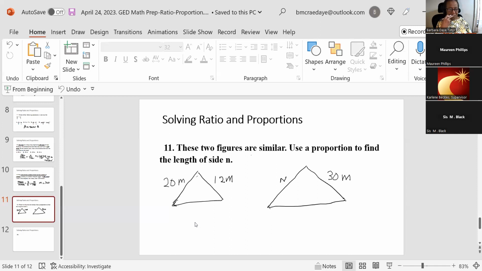These two figures are familiar. The ratio of 20 to 12, and the similar triangle has a ratio of N to 30. Set those ratios equal, cross multiply, solve for N. You're going to get the answer of N. I want to know what is the value of N.